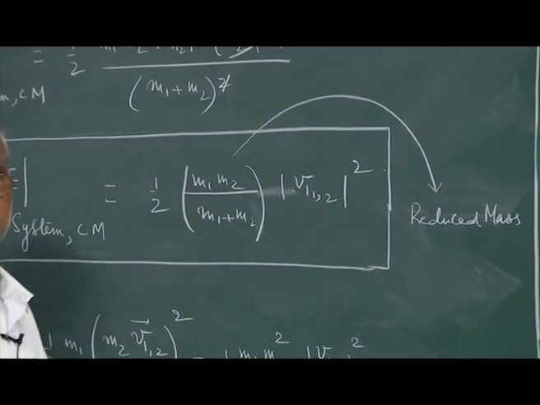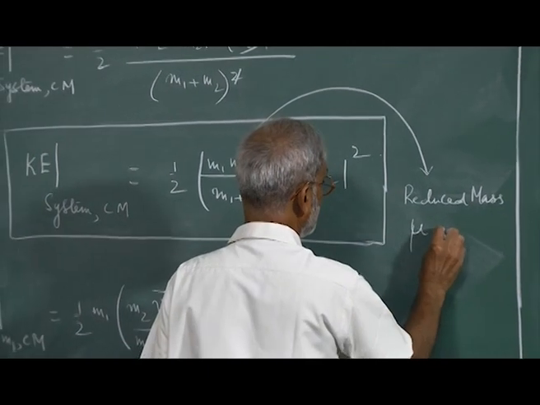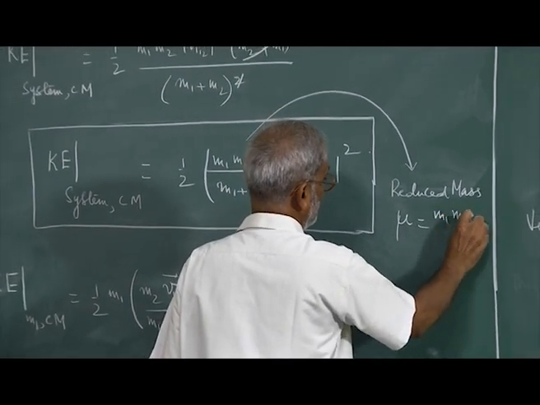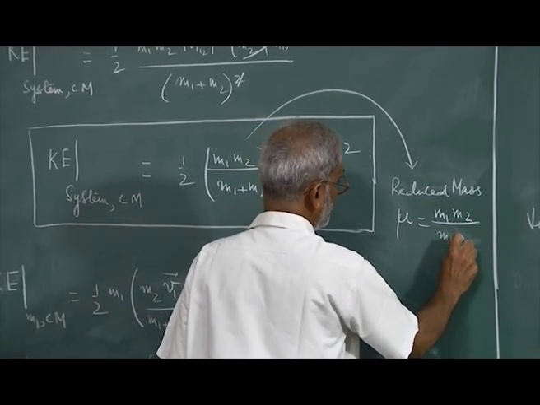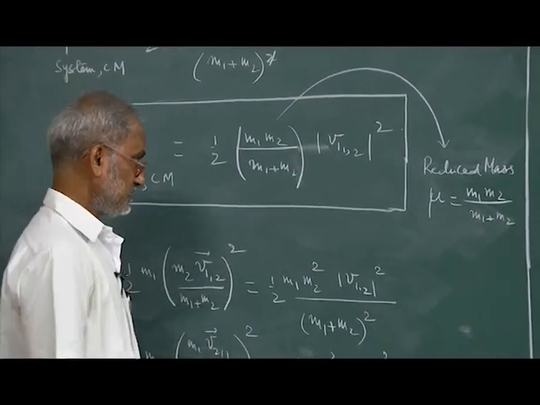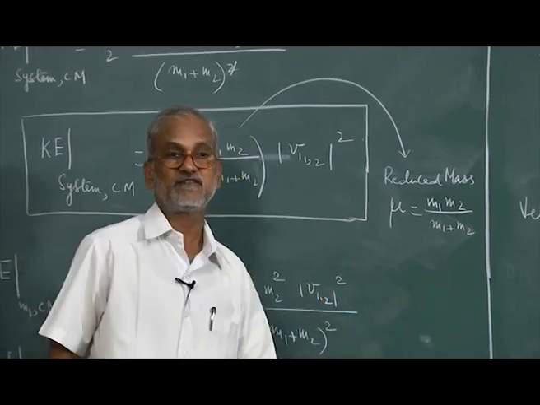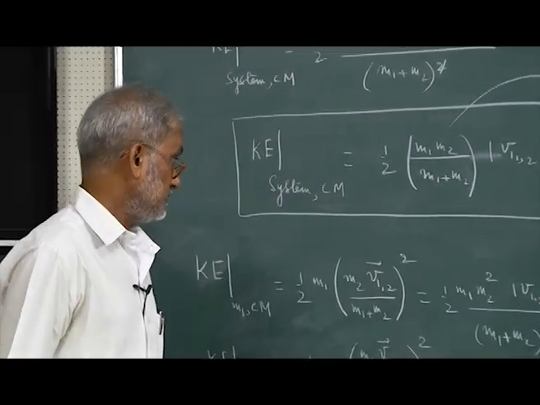Reduced mass of m1 and m2 is denoted by mu generally, and it is m1 m2 by m1 plus m2. It has the dimensions of mass, very clear, because there is an m squared in the numerator and m in the denominator.